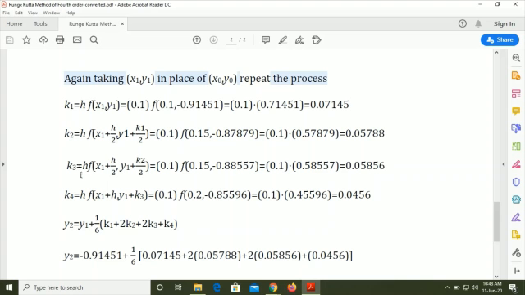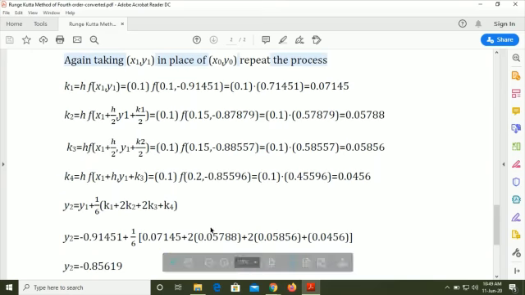Similarly, k3 equal to h into f of x1 plus h by 2, y1 plus k2 by 2. So 0.1 into f of x1 plus h by 2 is 0.15, y1 plus k2 by 2 is minus 0.88557. Then we have k3 is equal to 0.05856.